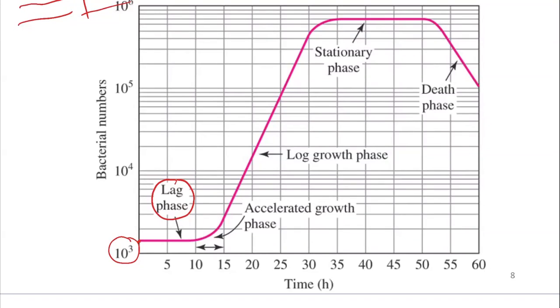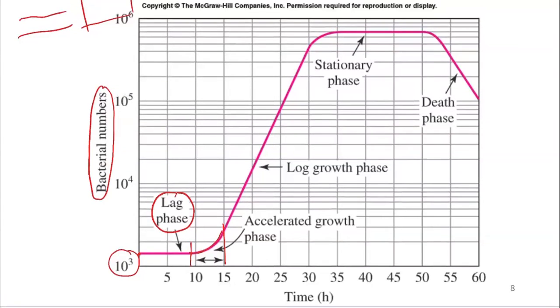So they can start to populate themselves. And then you can have this accelerated growth phase. Basically, it's the process that starts with a flat number of the bacteria themselves, and then it starts to change in its number. And then you have this curve here. Okay, so this is the accelerated growth phase.